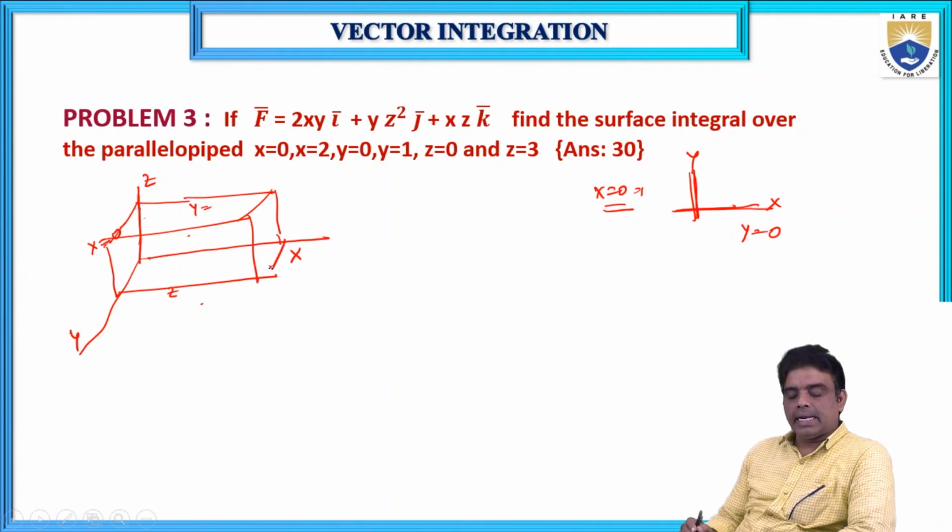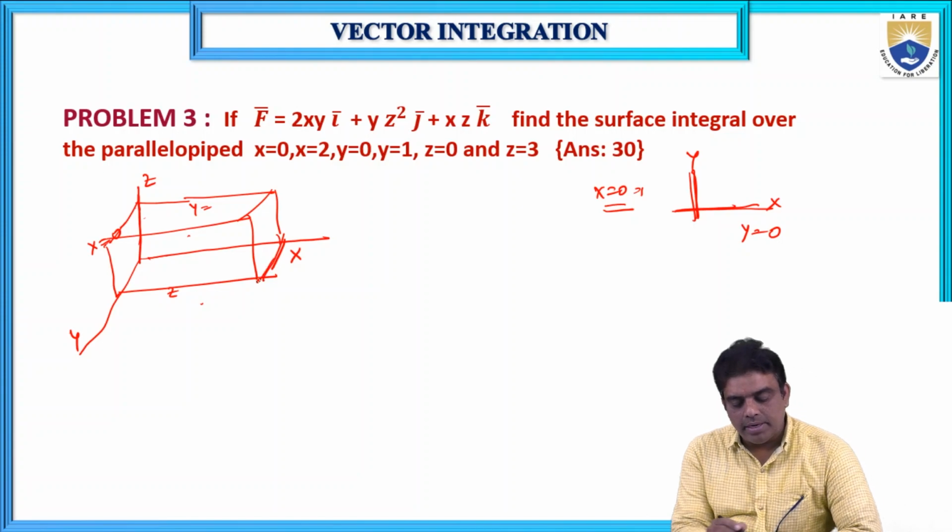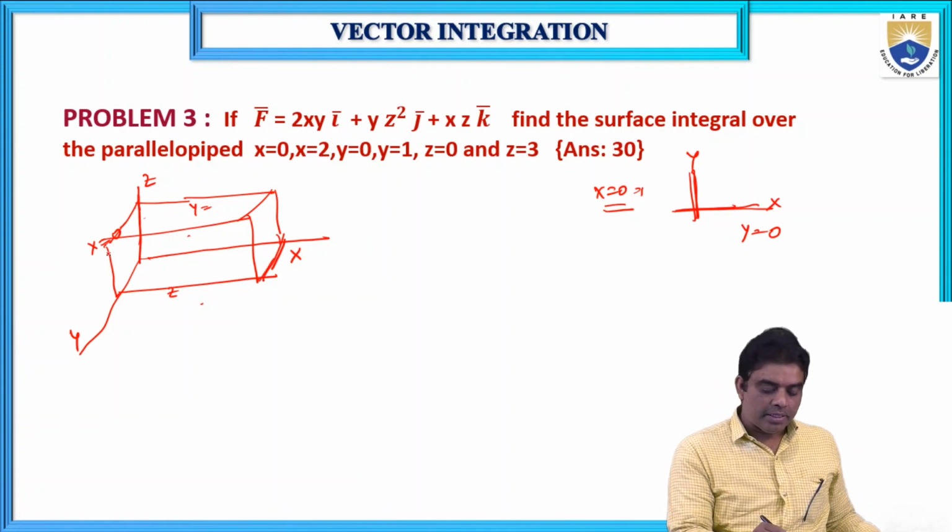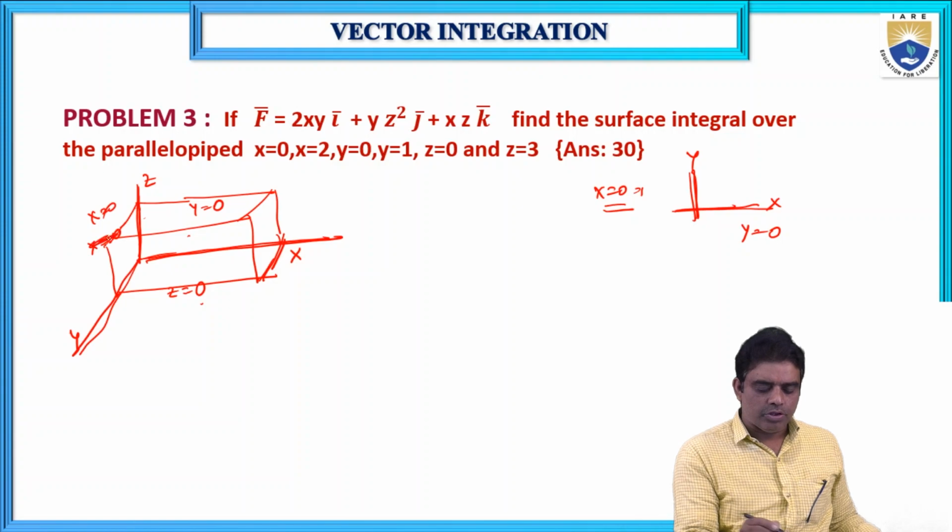So this is the rectangular box. We call it a rectangular parallelepiped. This is the x is 0 plane. Z is 0 because it is the xy plane, z is equal to 0. Because it is the xz plane, y is equal to 0. This is x is equal to 0 plane.